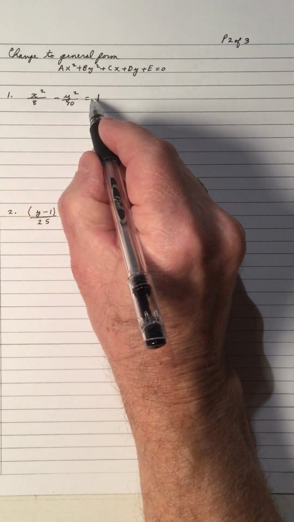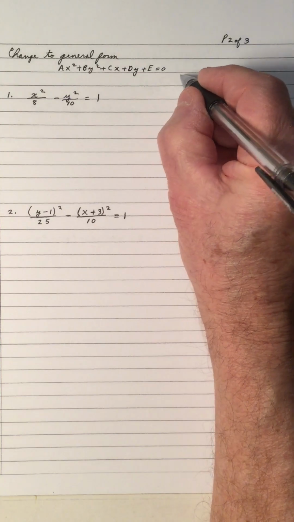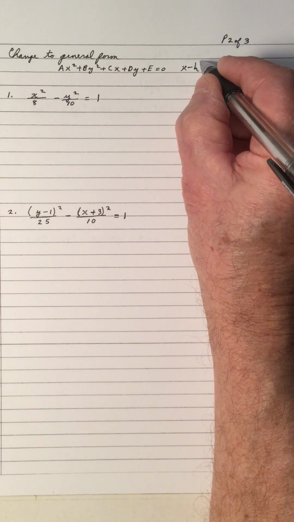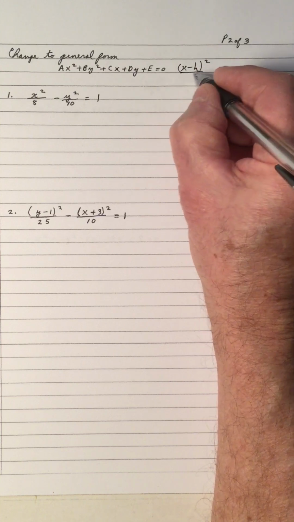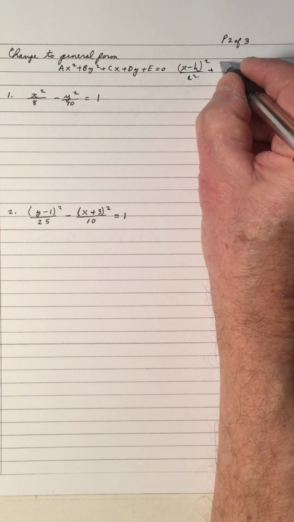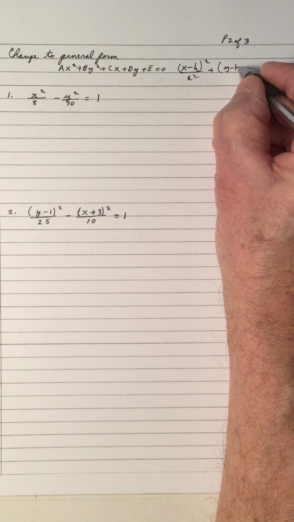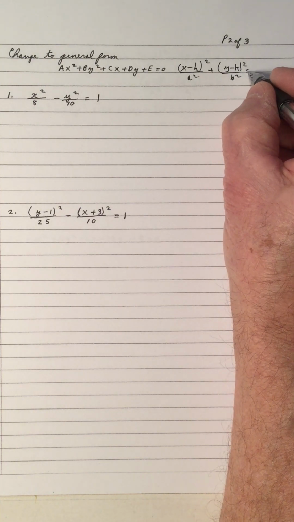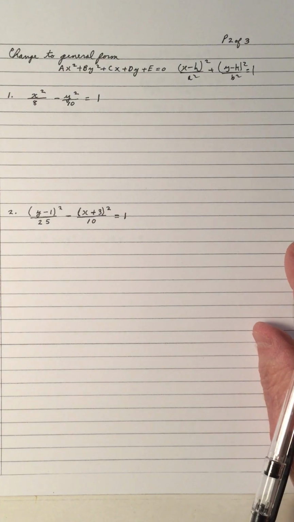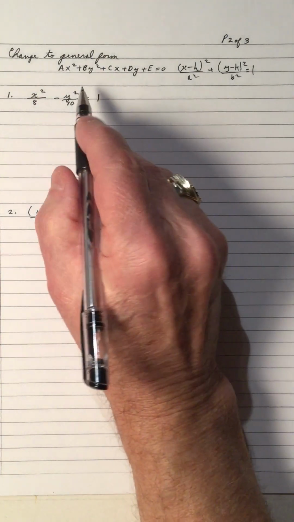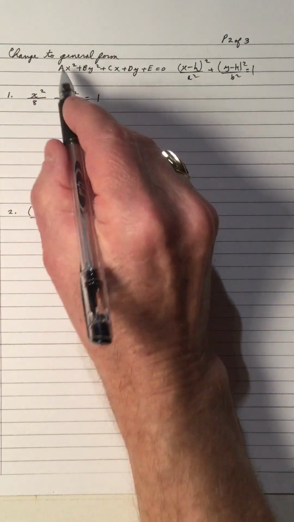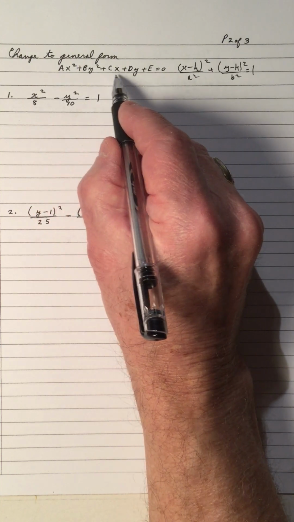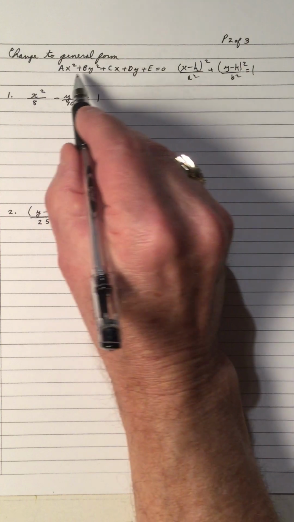This is the standard form, and the standard form is x minus h all squared over a squared minus y minus k all squared over b squared equals 1. So this is the general form, which is ax squared plus by squared plus cx plus dy plus e is equal to 0.